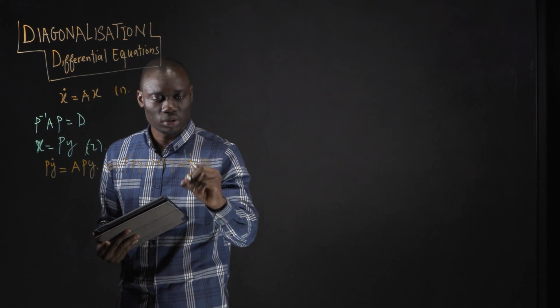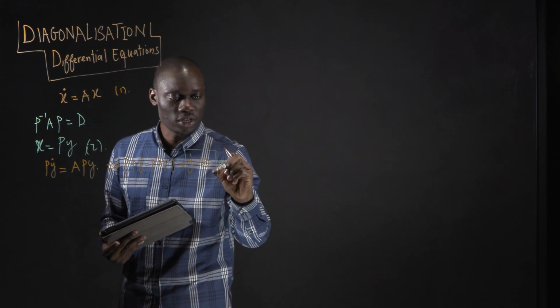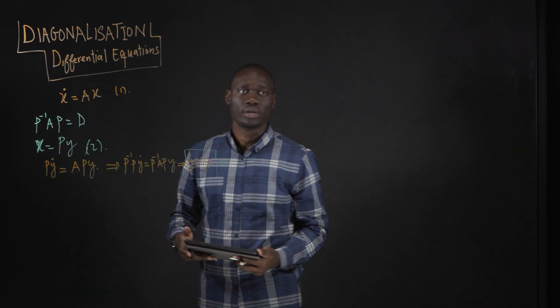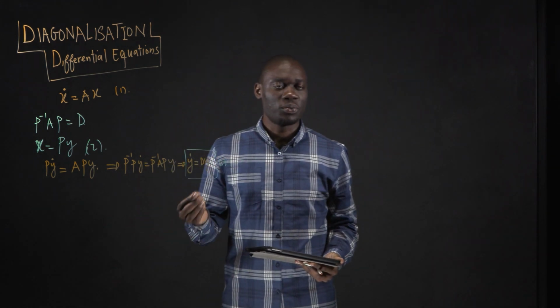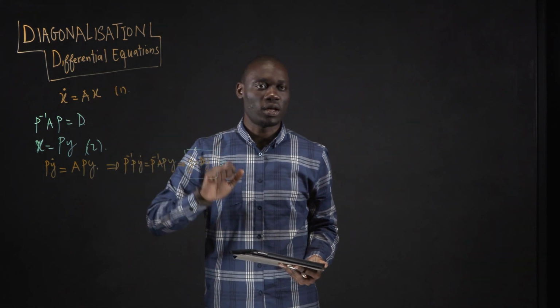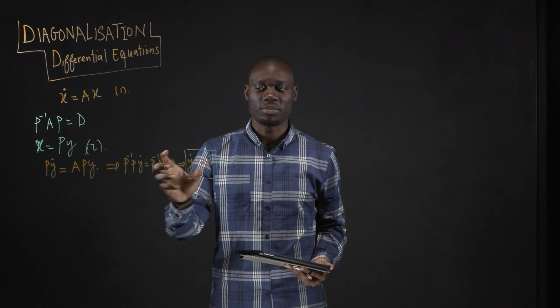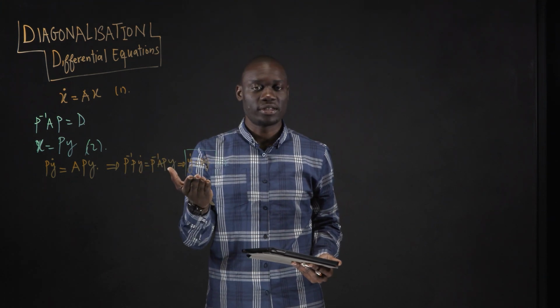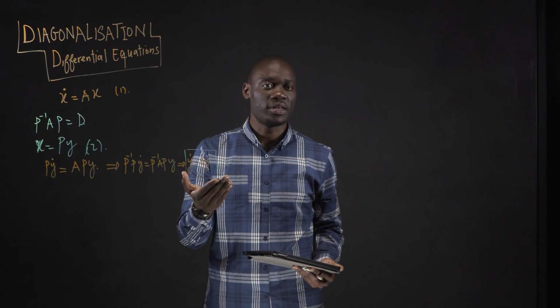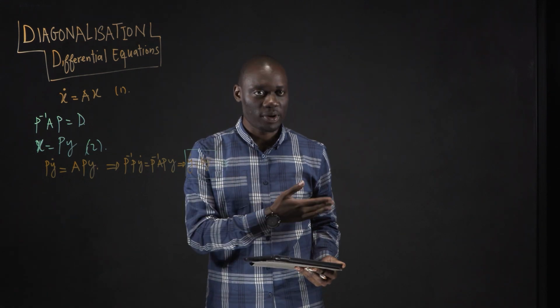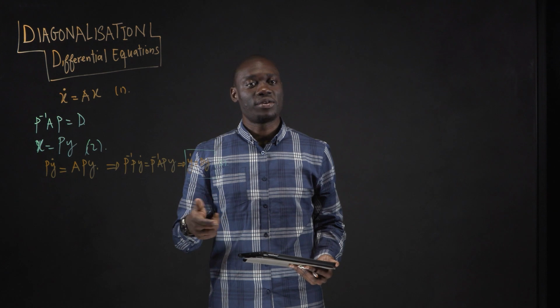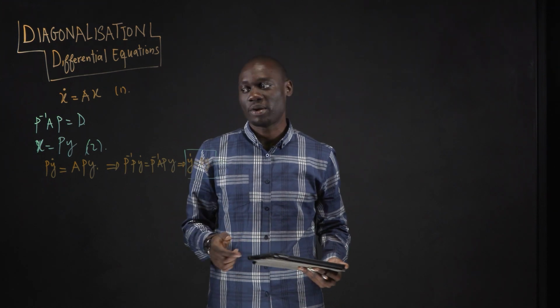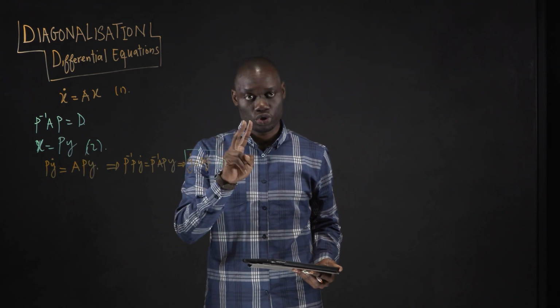You should keep this as equation 3. What do we realize here? We realize that the coupled equation has been transformed to an uncoupled equation that can directly be solved in the y variable, and then we can recover the solution in the x variable by using equation 2.